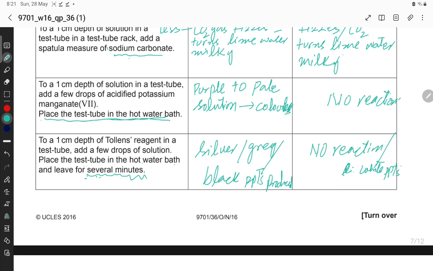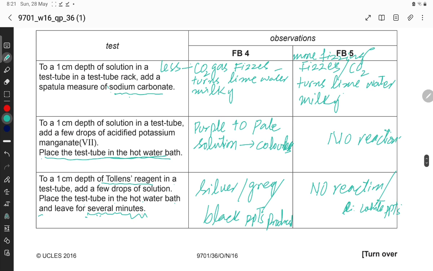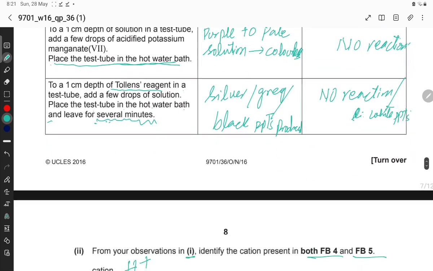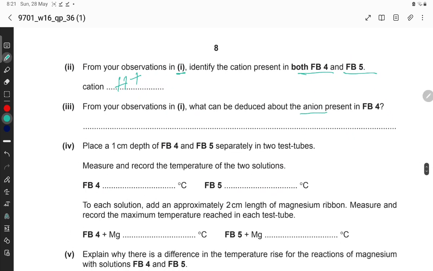Place the test tube in the hot water bath in 1 cm depth of Tollens reagent, and when you add FB4 you get silver grey precipitate, so it must be an aldehyde or a weak acid, methanoic acid.